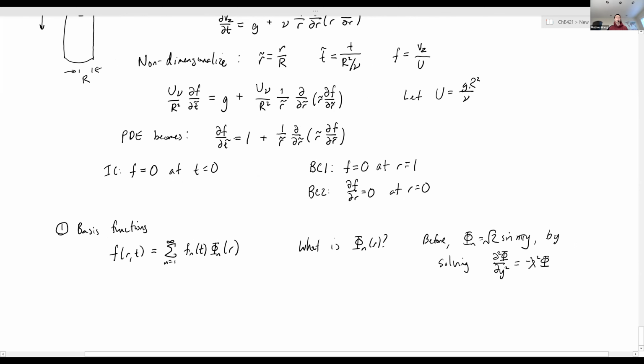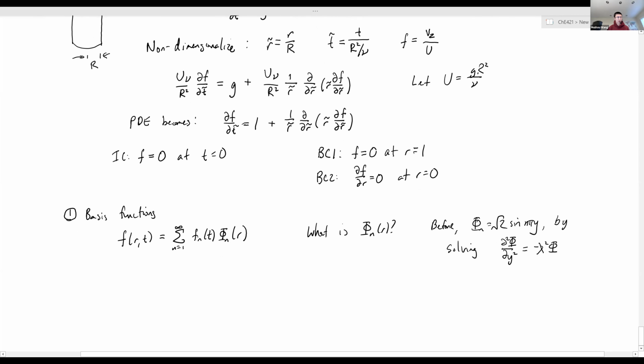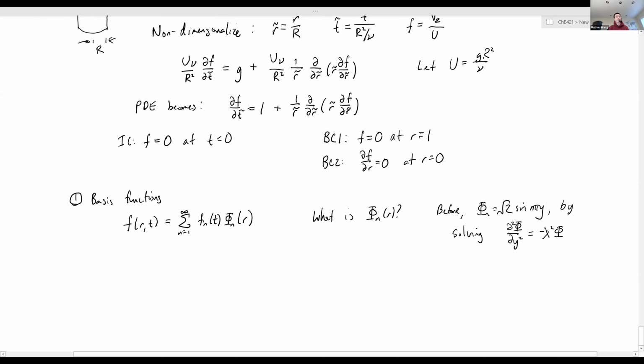Right? And to remind you, the reason why we did that is because we needed to make the integration by parts work and stuff like that. Okay, and so here we're going to have to do something similar, right?